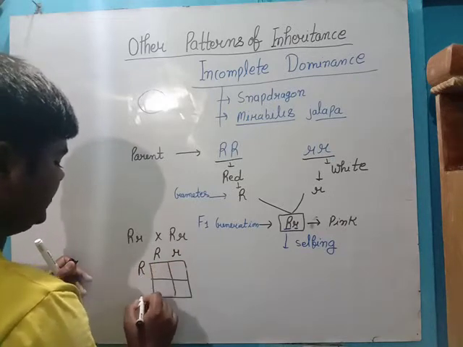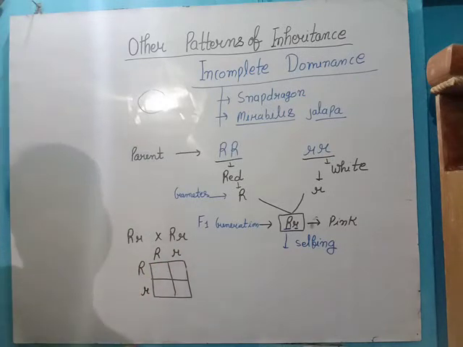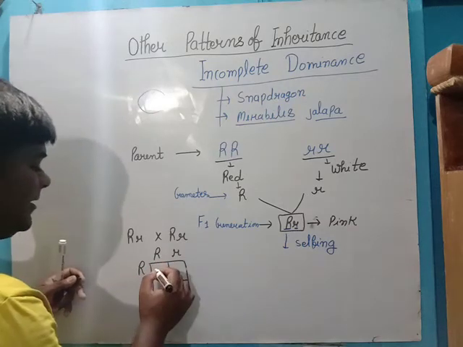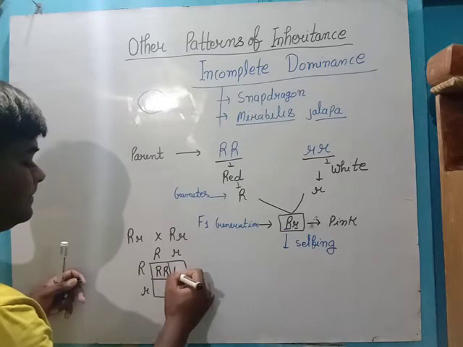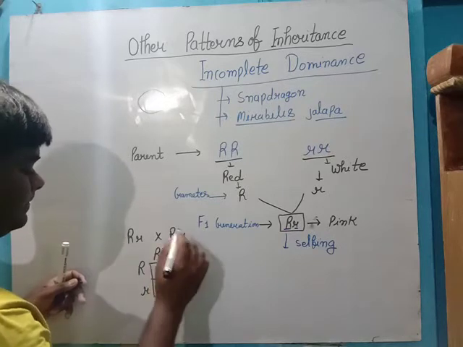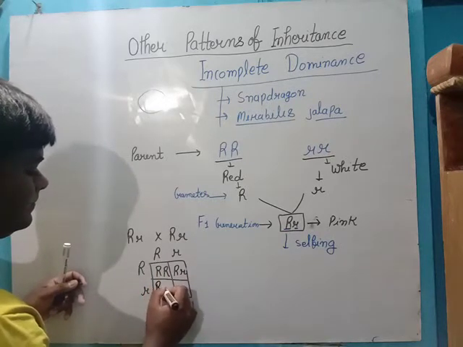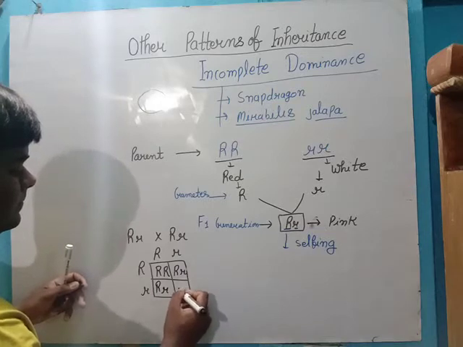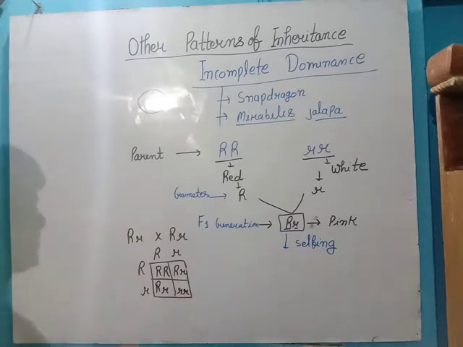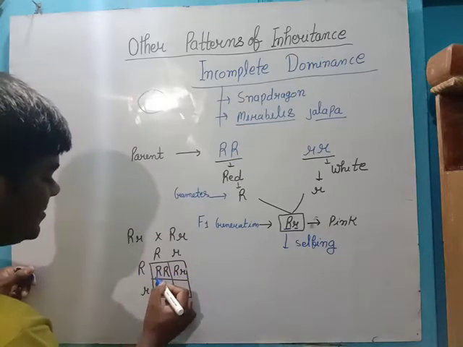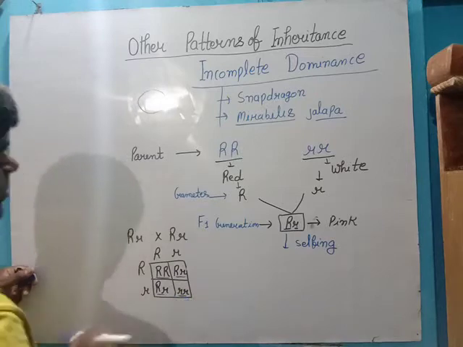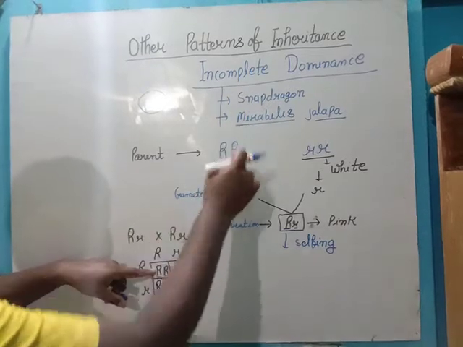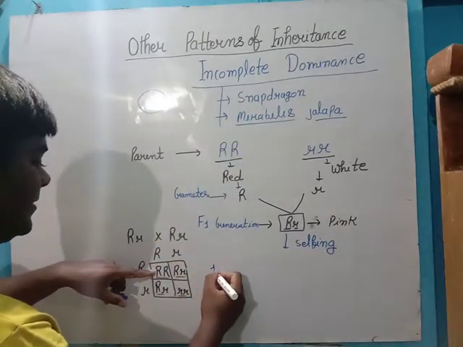The phenotype will change. See that one. Punnett square, very simple. You have done it many times. This is the Punnett square. What is there? We have this one, this one, this one, this one. This is red.